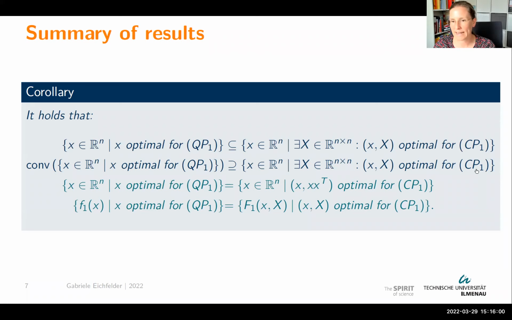When you solve your relaxed problem and consider only the first part of these pairs, the vector x, this will be in the convex hull of all solutions of the quadratic problem. Then what's more important, when you just consider those solutions of the relaxed problem where you have a rank 1 matrix, then this is exactly the set of solutions of your original problem, as long as you only study the first component, and the values are the same.